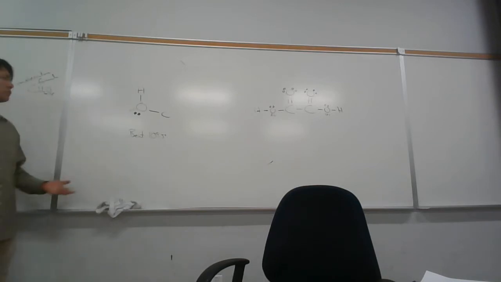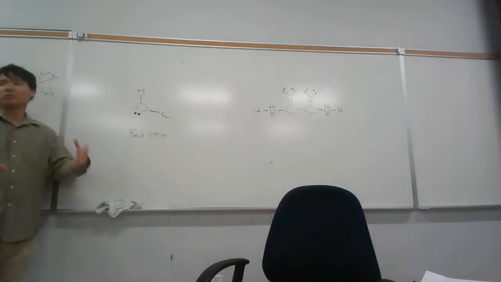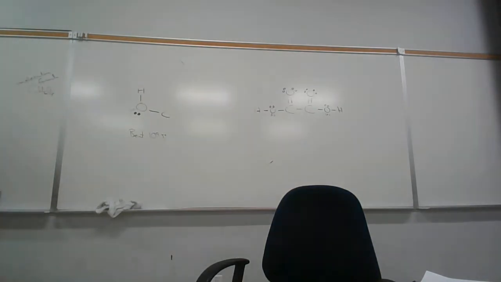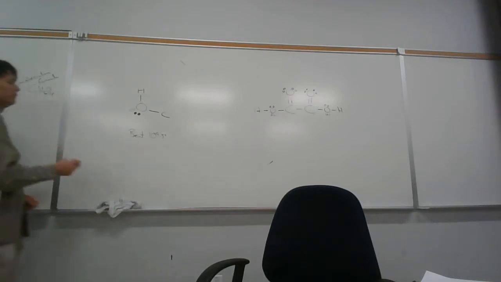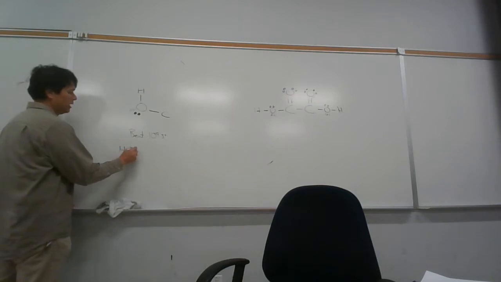The reason they're going to be distortions is because the lone pairs take up more space than a bonding pair. And so each lone pair distorts the bond about 2 degrees. We have 2 lone pairs, so the total distortion should be about 4 degrees. And so what do you think the HOC angle is? 105. And so the HOC angle, this is bent.